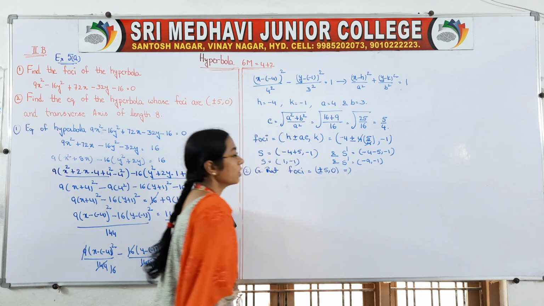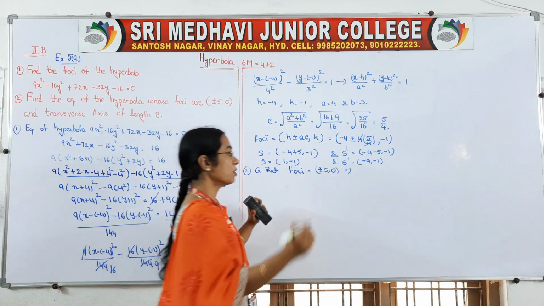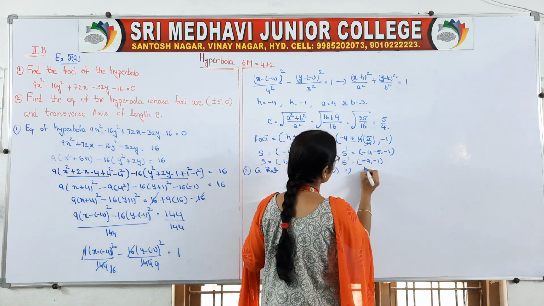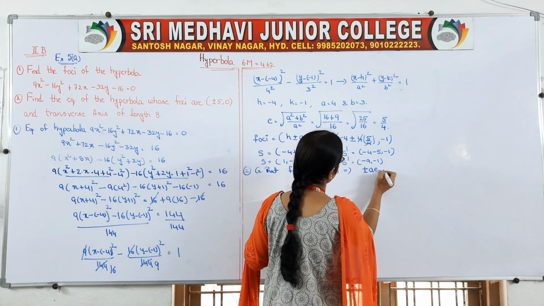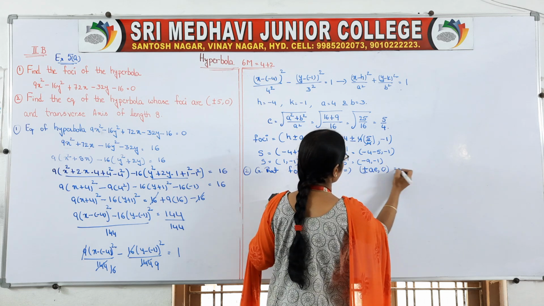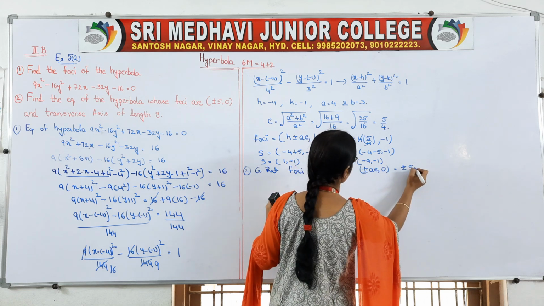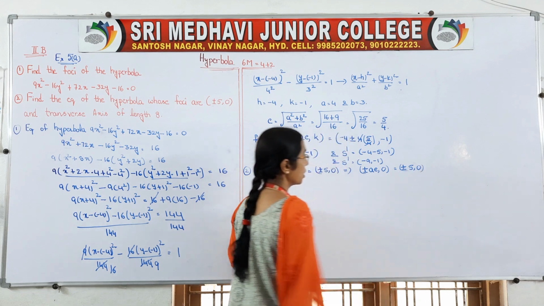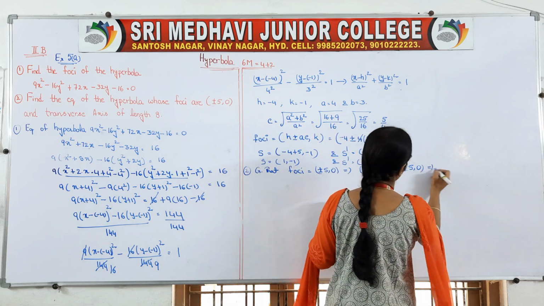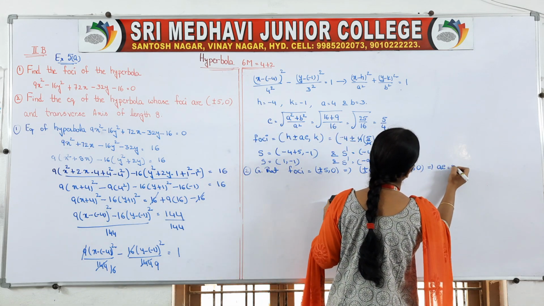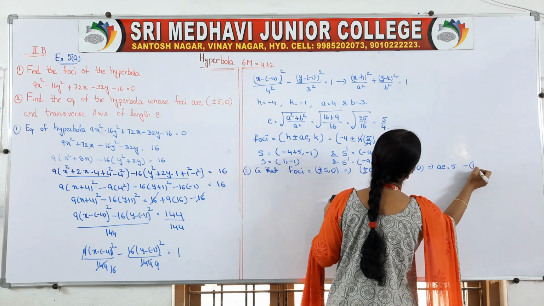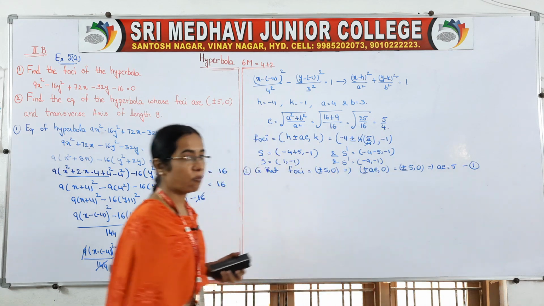So foci plus or minus 5 comma 0 means, what is the formula for foci? Plus or minus ae comma 0. Given as plus or minus 5 comma 0. That means your ae value is 5. You consider that as equation number 1.